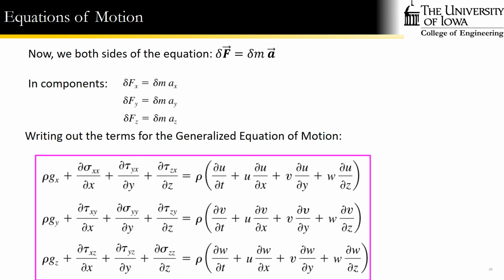So we've got our body force per unit volume over here, our surface force per unit volume, and over here we've got our mass times acceleration, again divided by the elemental volume. Okay, and I say divided by the volume because we crossed out that delta x, delta y, delta z in the previous slide. These are given in the book as equations 650.